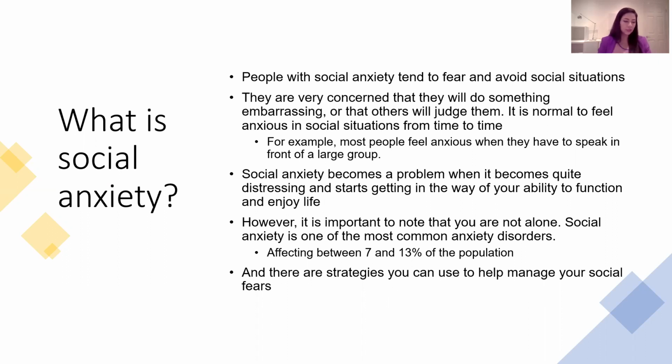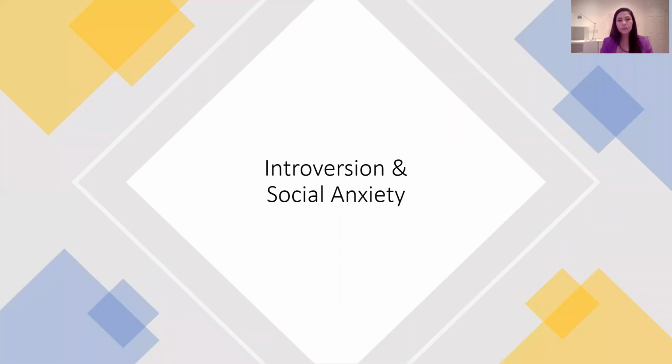The attention is on other people and focused on how we are doing. We have this belief that people are very judgmental and also that we're not good. Someone who has social anxiety commonly has these two beliefs.